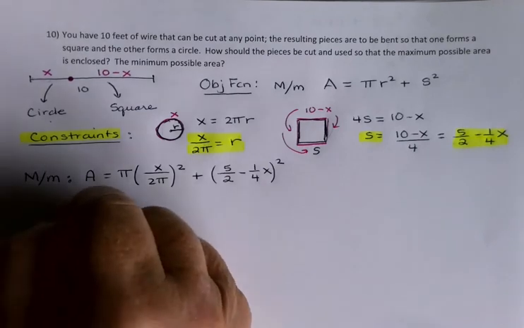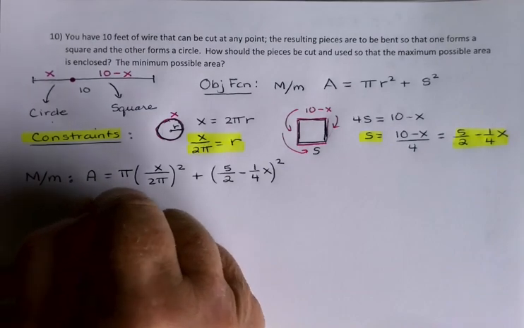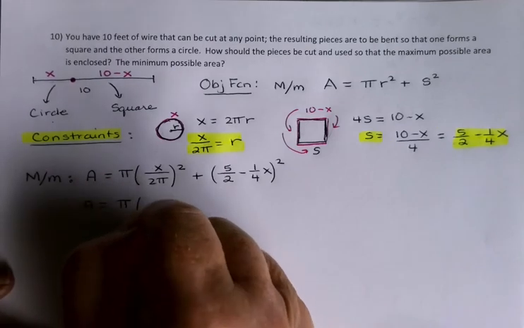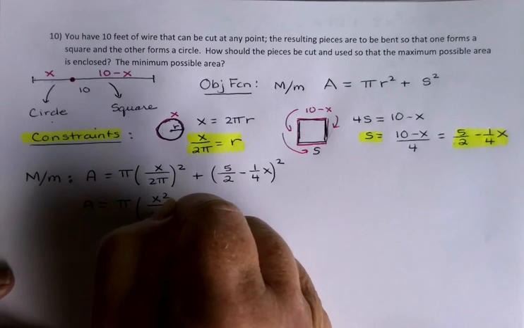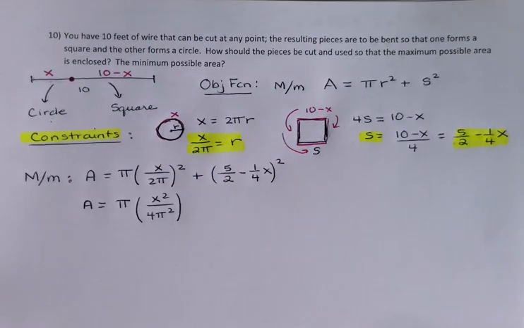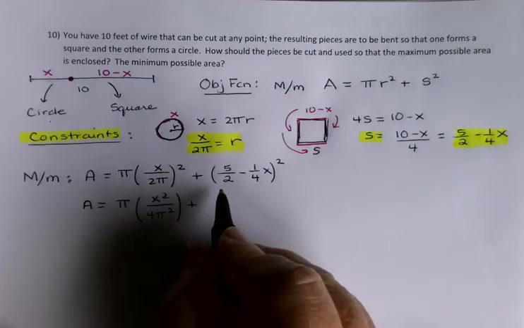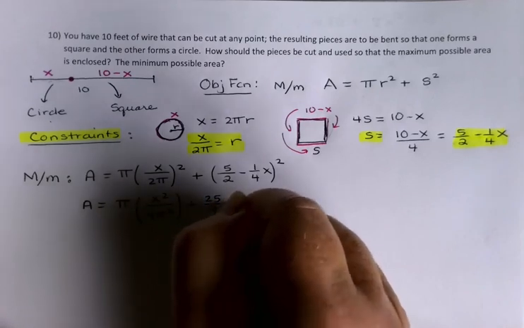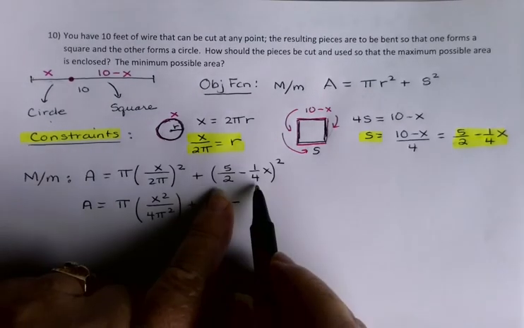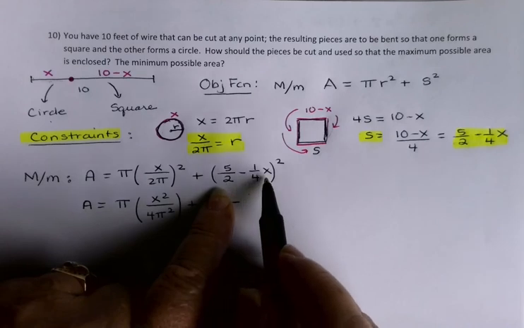I'm going to simplify that a little bit. Squaring that would give me x squared over 4 pi squared. And maybe I'm just going to go ahead and multiply that out. It's just a little bit easier to deal with. If I square this, I'll get 25/4 minus, the product here would be 5/8 x.